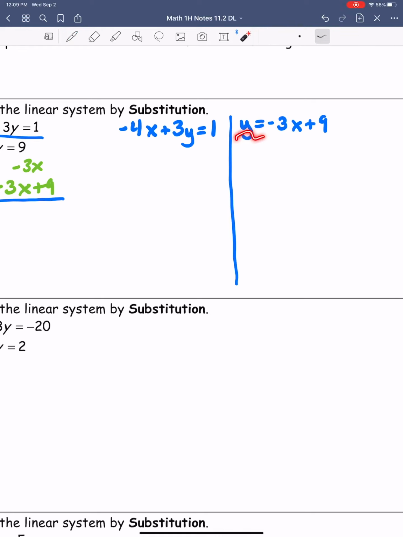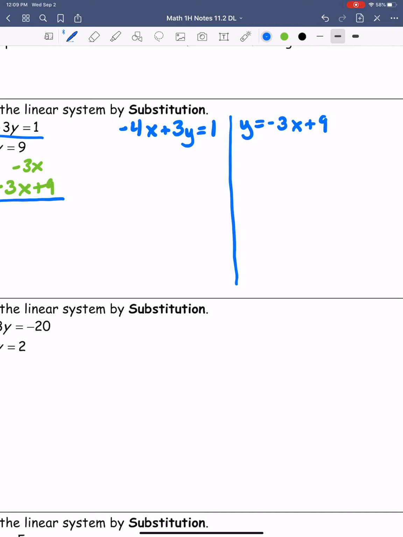And so now that we have one of these isolated here, I have this y isolated. What I'm going to do is take this thing that y equals, negative 3x plus 9, and plug it in for y because that's what y equals in my other equation. So I'm basically substituting this whole expression in for y. So it's going to look like this.